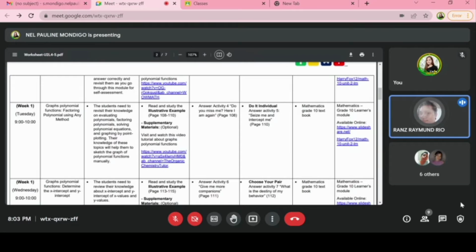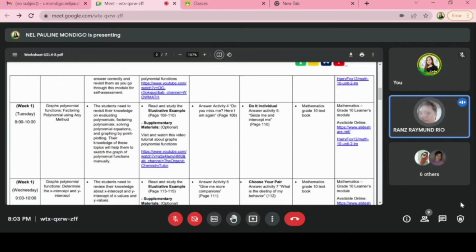Their knowledge of these topics will help them sketch the graph of polynomial functions manually. For the discussion, read and study the illustrative example, pages 108 to 110. For further understanding, the students can visit and watch this video tutorial about graphing polynomial functions if they want to.